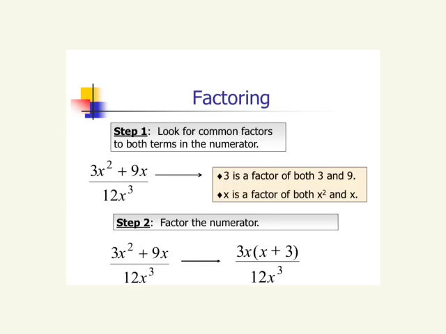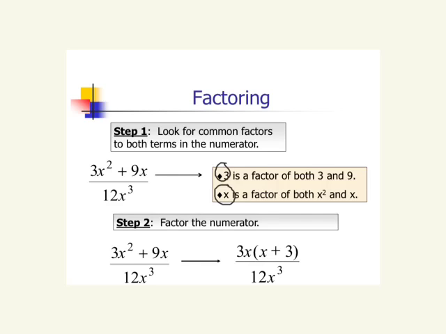Step 1, we look for common factors to both terms in the numerator. Well, in the numerator there's a common factor of 3 in both terms, and there's also a common factor of x. So the factored form of the numerator is 3x times the quantity x plus 3, and then we still have the denominator of 12x to the third.